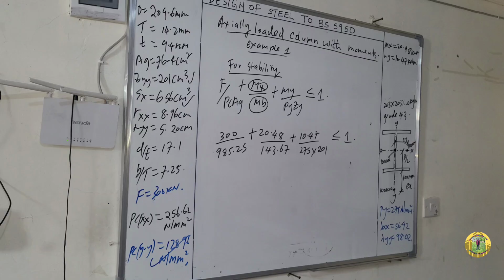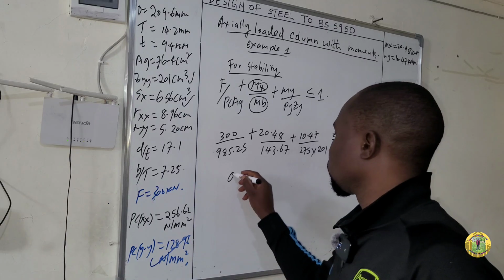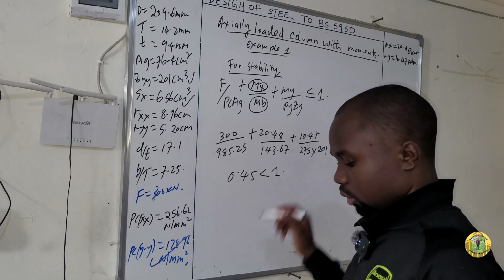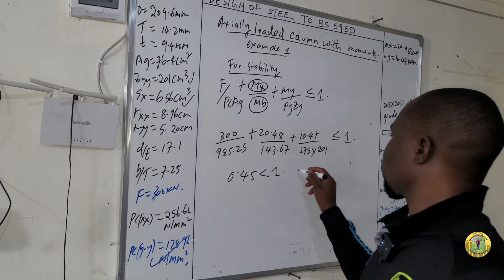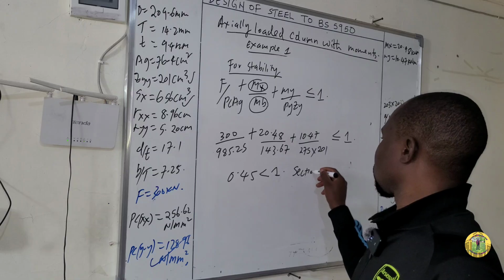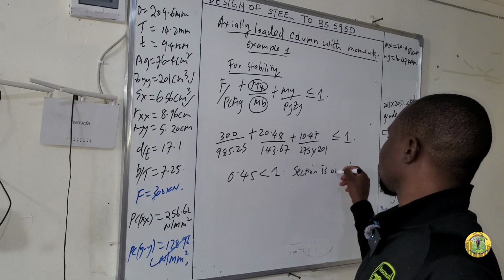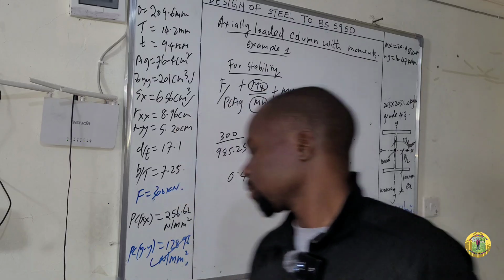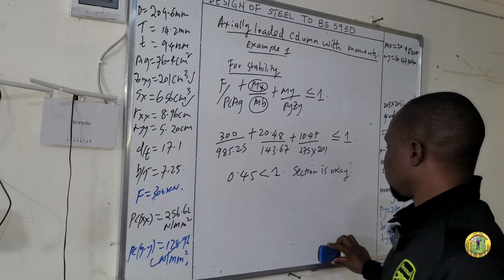So it's 0.45, which is less than 1. Therefore, section is okay. And our question ends there.